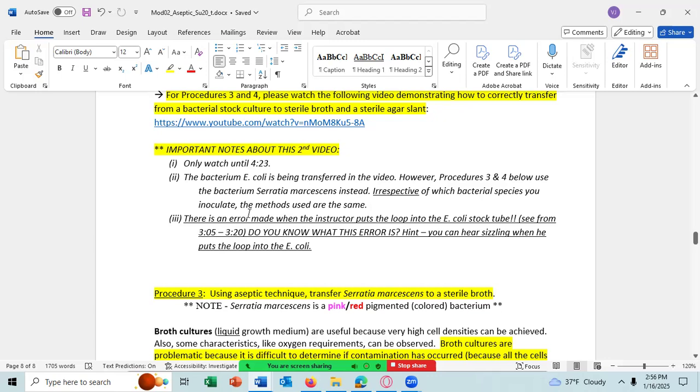And you should try and figure out what the instructor did that was an error. This is just for your own information. You do not need to write about it, but you can if you wish. You won't get any credit for it, but there's an error the instructor makes, and you can hear the sizzling when he puts the loop into E. coli.